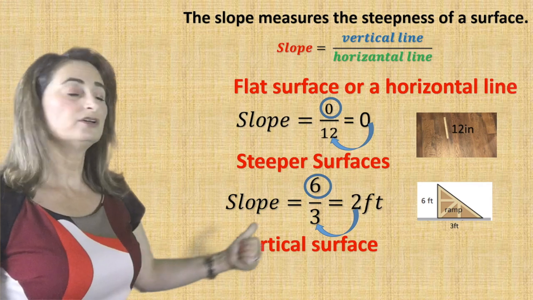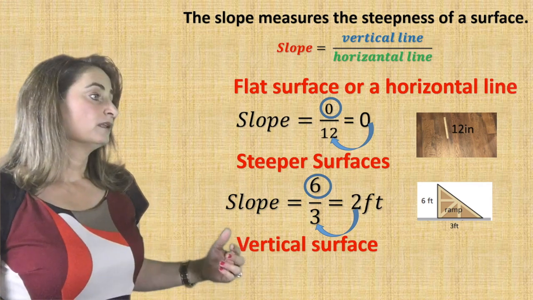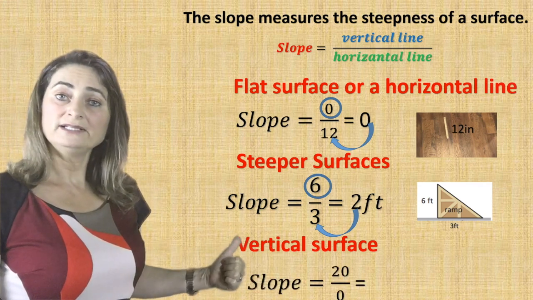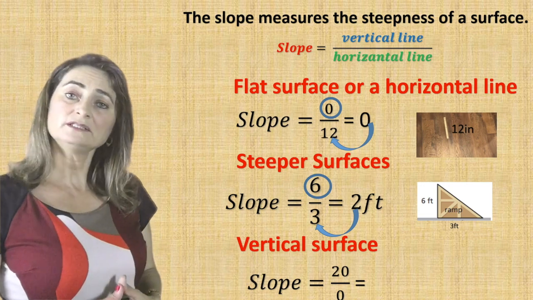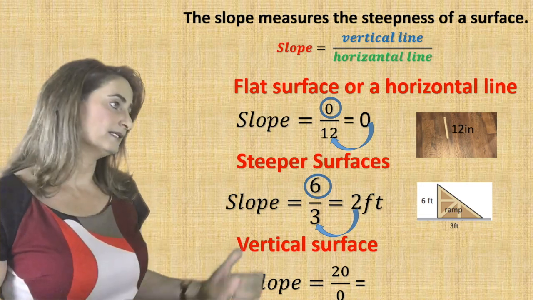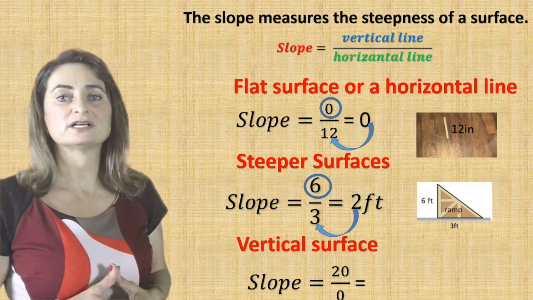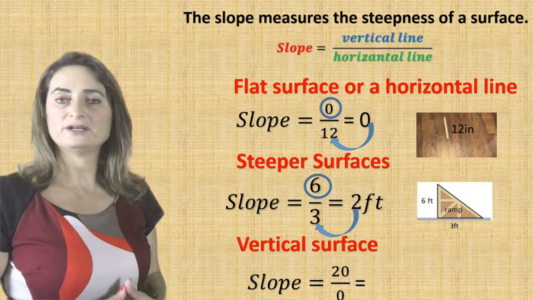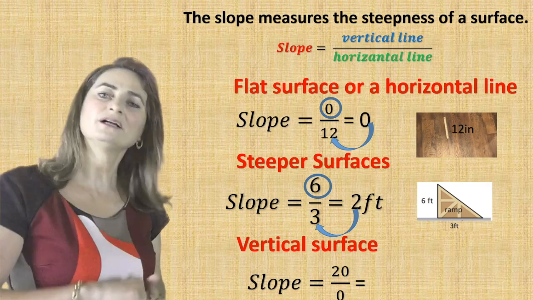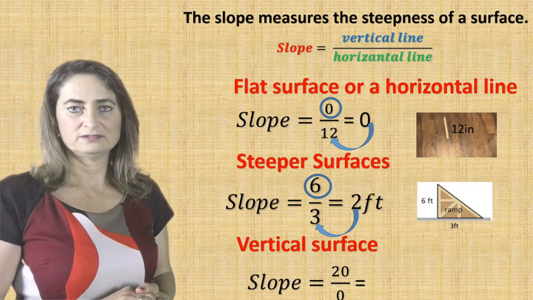The last one is vertical surfaces. The slope of the street light is the vertical line divided by the horizontal line again. The vertical line, let's say it's 20 feet, divided by 0 because it does not have a horizontal line. So what's 20 divided by 0? Pick up your calculator and let's see if you can find that out.